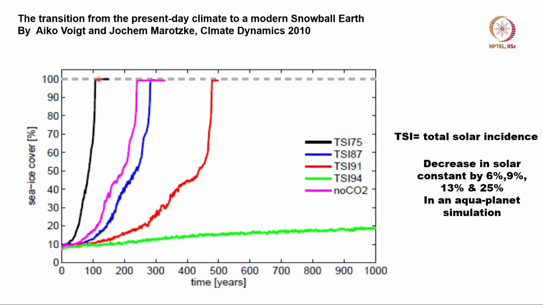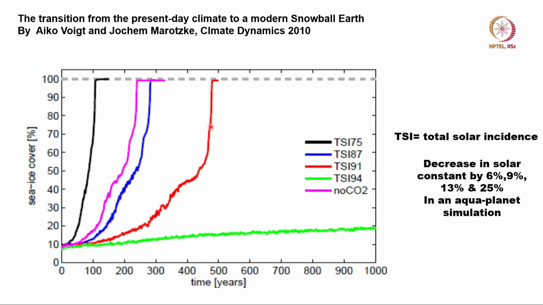On the other hand, if you don't bring down the radiation that rapidly, but bring it down only by 6%, then the sea ice will change very slowly. Even after 1,000 years, you will not see a rapid increase in sea ice. So you can see the very big difference between a 6% change and a 25% change.